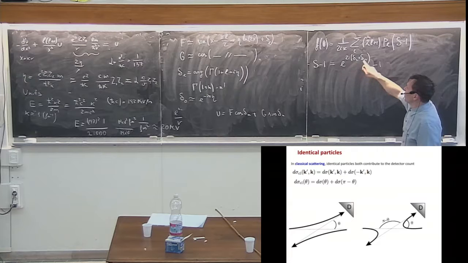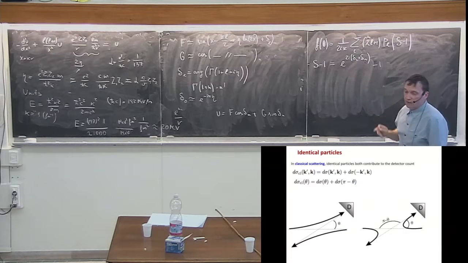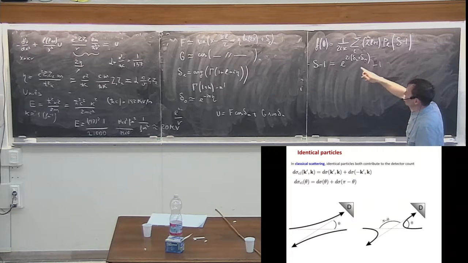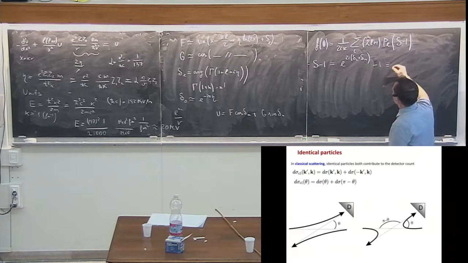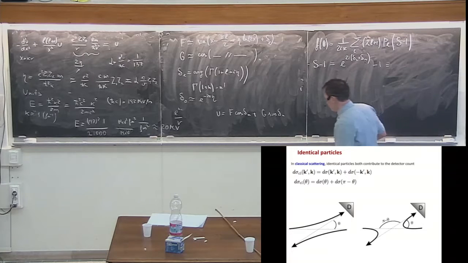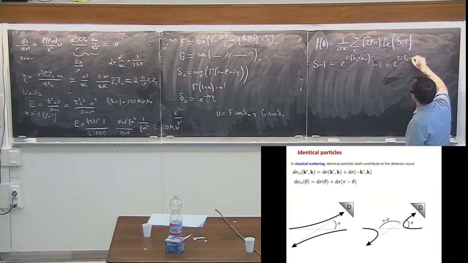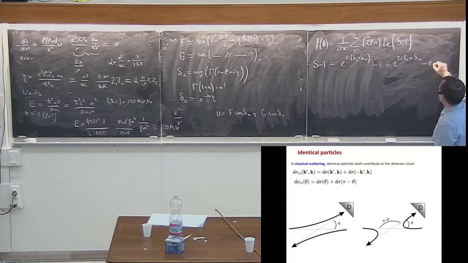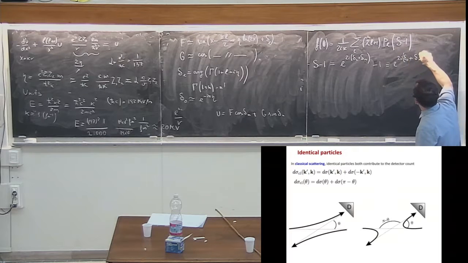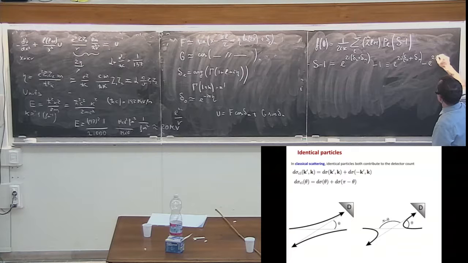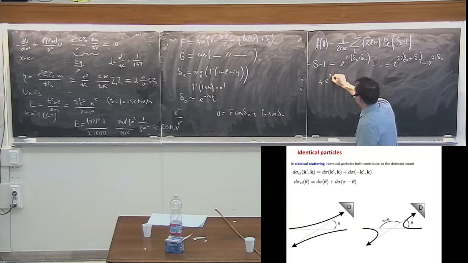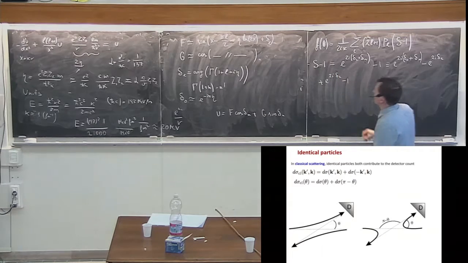Then once you evaluate this total phase shift, the trick that everybody does is that you can write it as e to the 2i (delta Coulomb plus delta nuclear) minus e to the 2i delta Coulomb, and then plus again e to the 2i delta Coulomb minus 1.